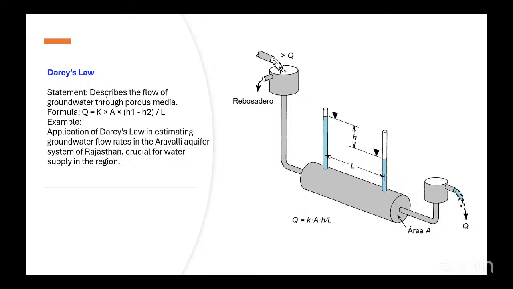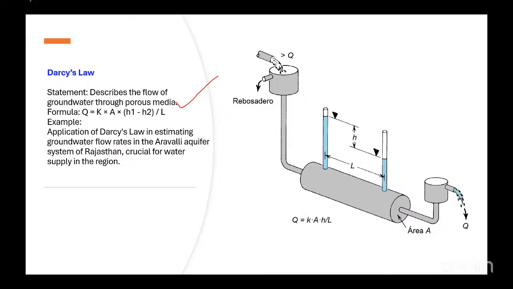One statement describes the flow of groundwater through porous media. It will measure the groundwater flow rate through the porous media or geological rock formation media. Flow of groundwater through the geological rock formation media is called Darcy's law.